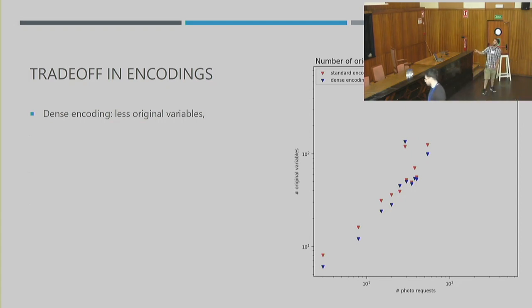The thing is, with that dense encoding, in principle, you use fewer variables, with the standard one being the red and the denser one the blue. So you see the blue ones are always underneath the red, meaning you use fewer variables originally.